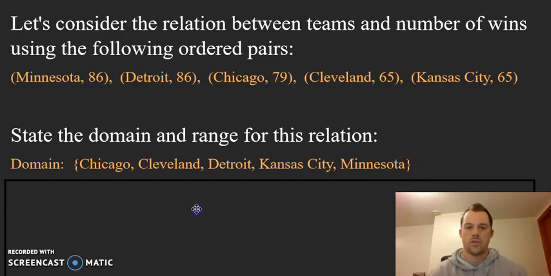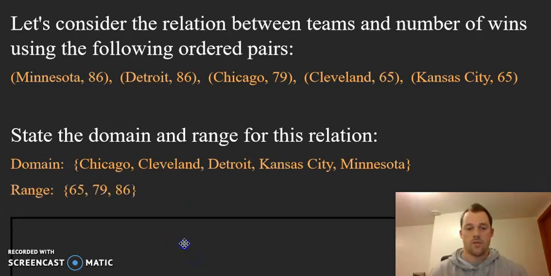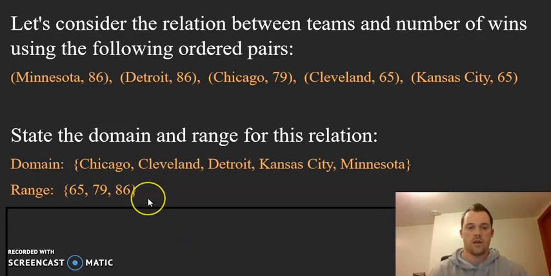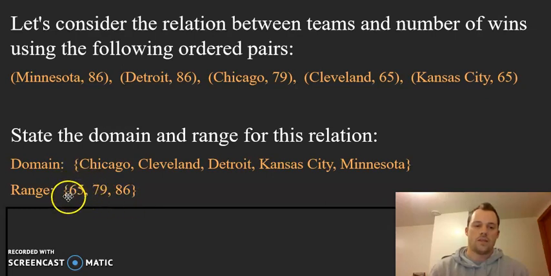And then for our range, we've got 5 numbers there because we have 5 teams, but we only have 3 different numbers. And so if we already have 65 included in our range, it doesn't make sense for us to write it again. So we're just going to list out each number that is shown in our range.